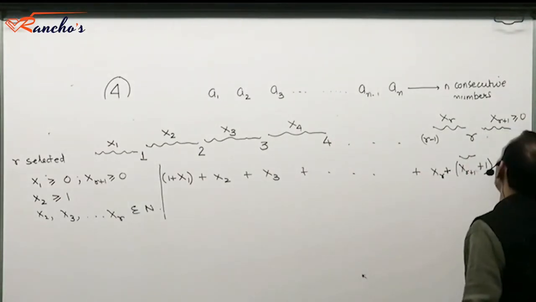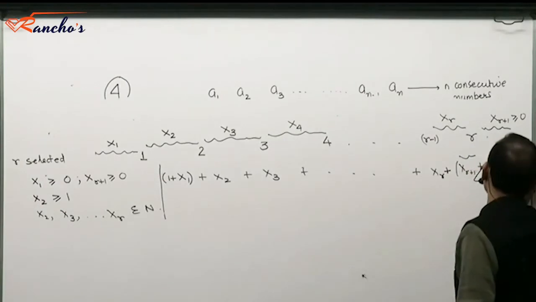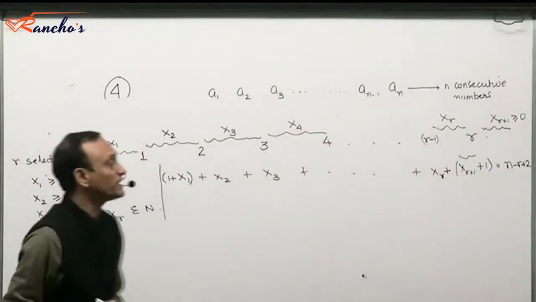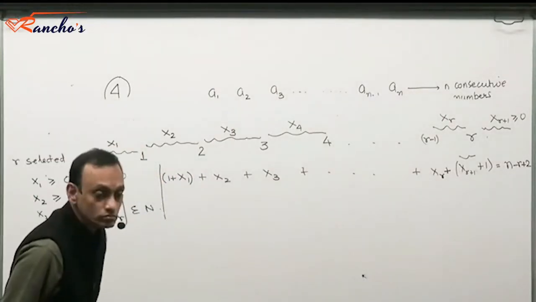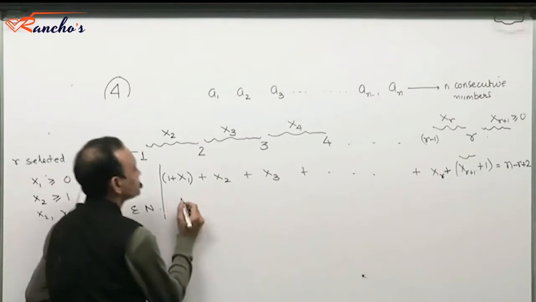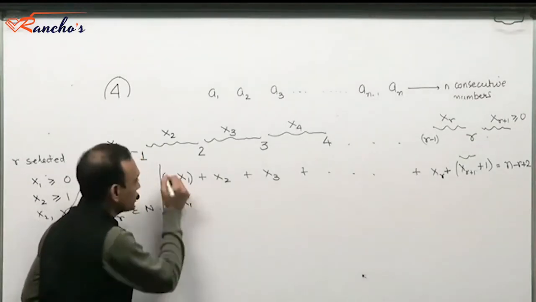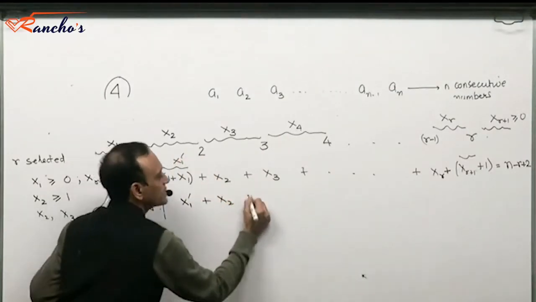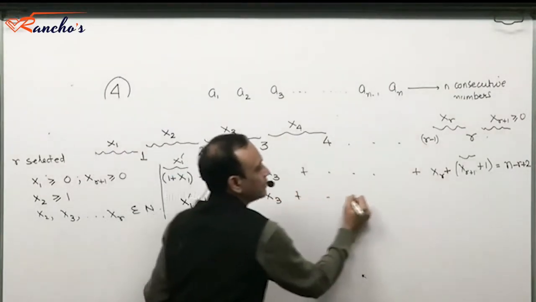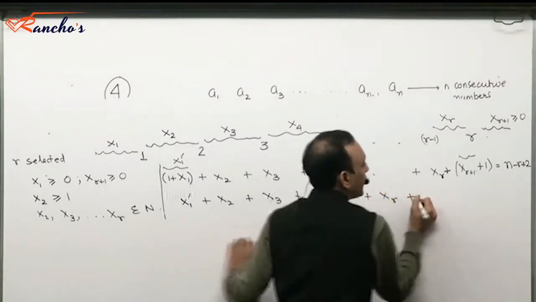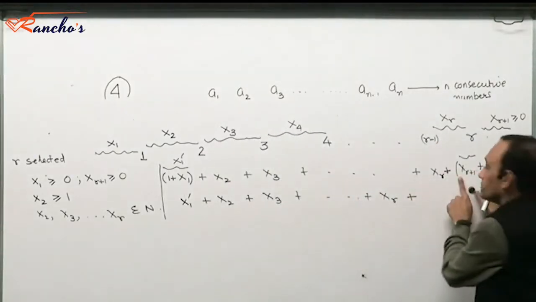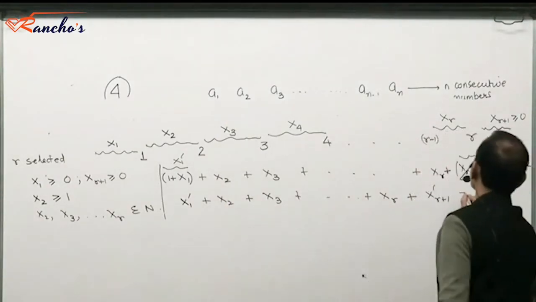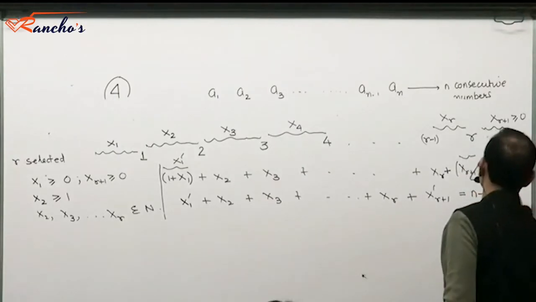And the right hand side then would be n minus r plus 2, because I have added 1 and 1 on the left hand side. Yes or no? So now I have x1 prime, which is a natural number, plus x2 plus x3 plus xr, plus x prime r plus 1, which equals n minus r plus 2.